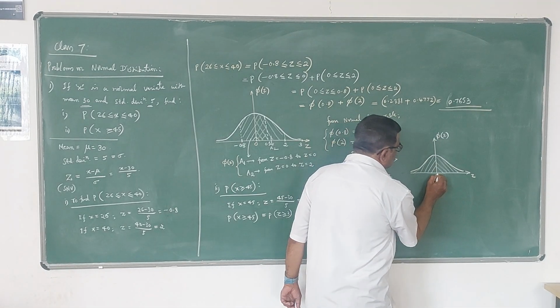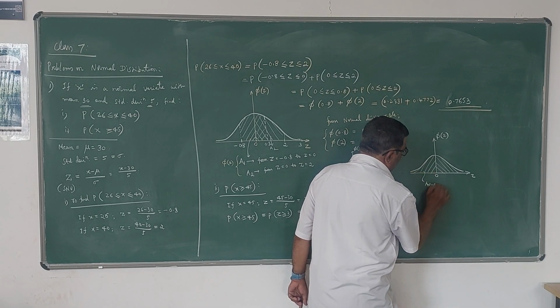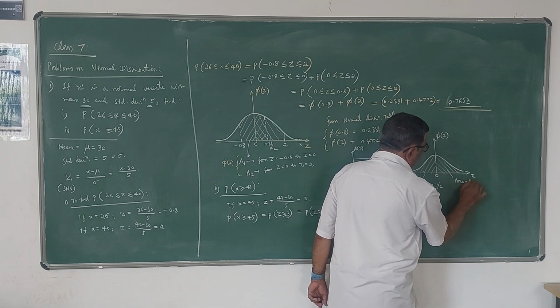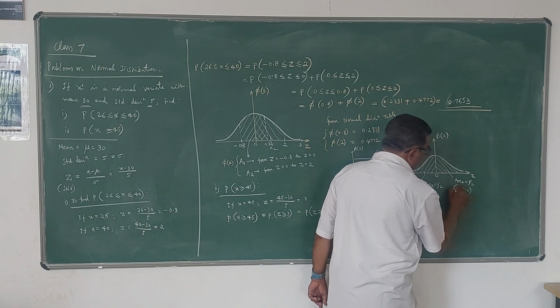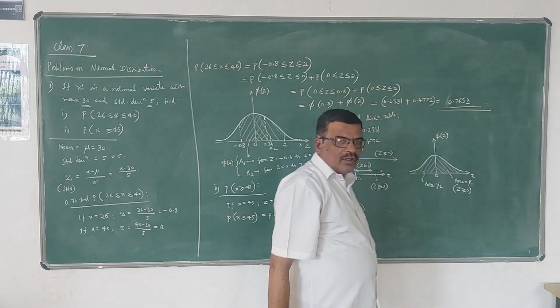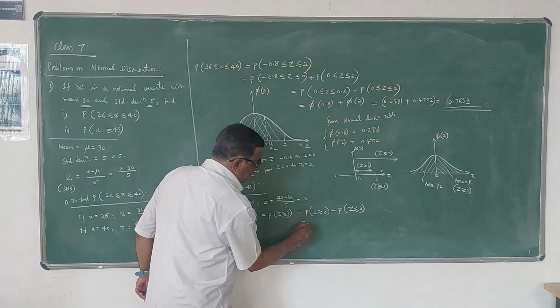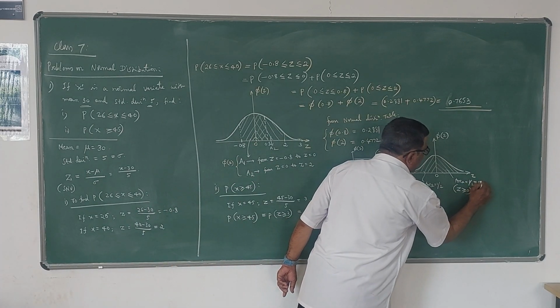So the area to the right is half, and the area to the left is also half. This is Z greater than or equal to 0, so the probability is 0.5.